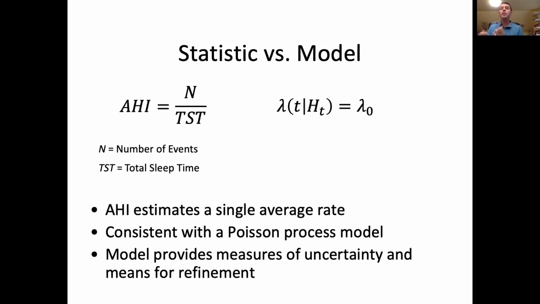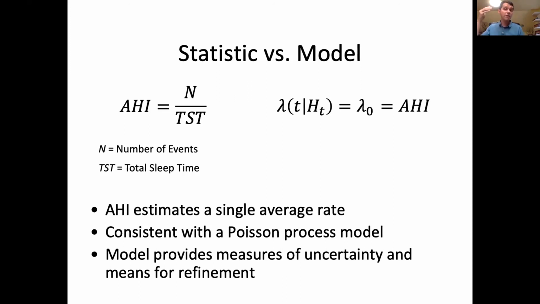It doesn't care about the specific pattern of events that occur. And as I mentioned, that's a class of models called a simple Poisson process. It turns out if you fit a simple Poisson process, you end up estimating a constant rate over time, which will exactly be equal to the AHI.